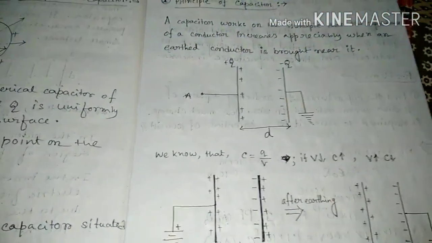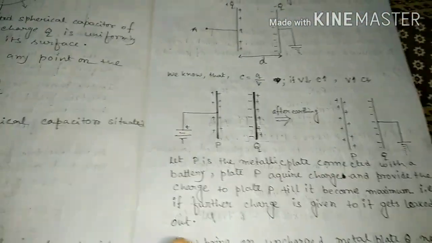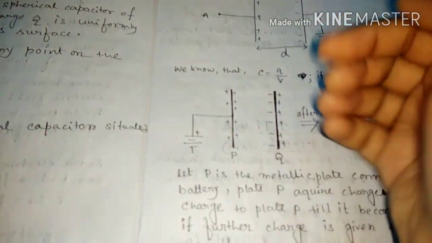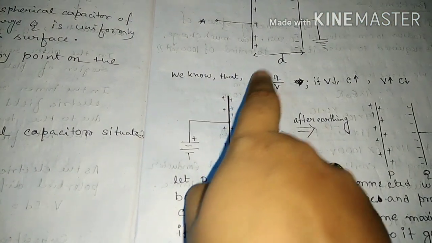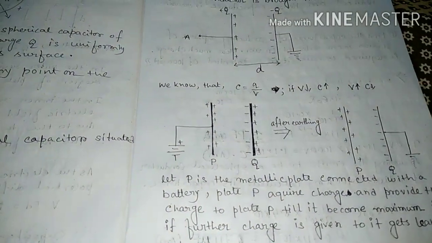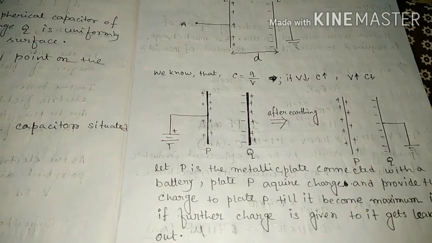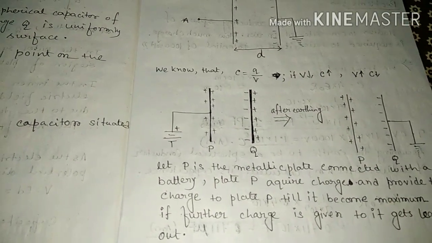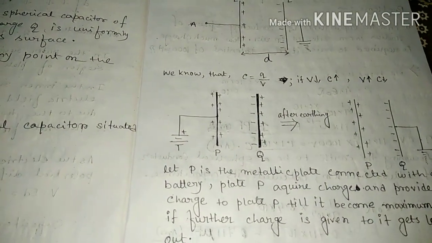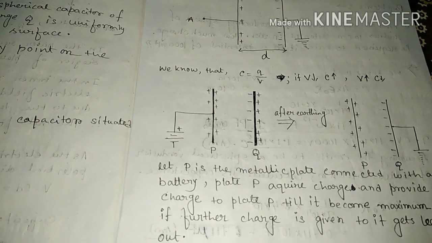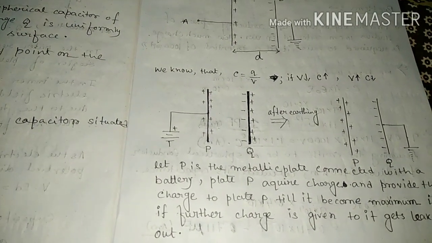Now we explain how it works. In the previous video we got this equation, C equals Q by V, charge by potential. If the potential is decreased, the capacitance of that conductor increases, and if the potential increases, the capacitance of the conductor decreases.